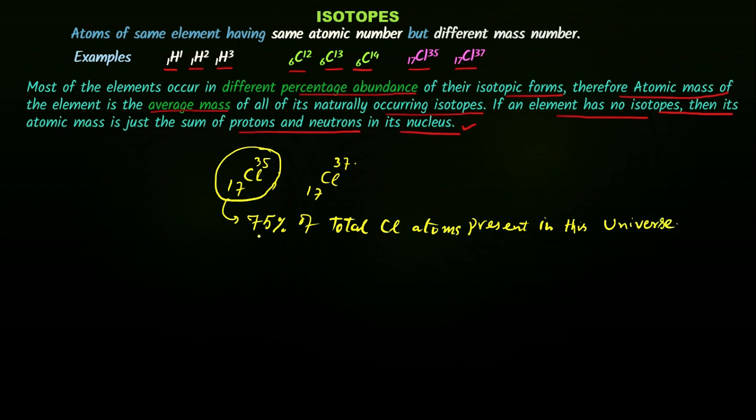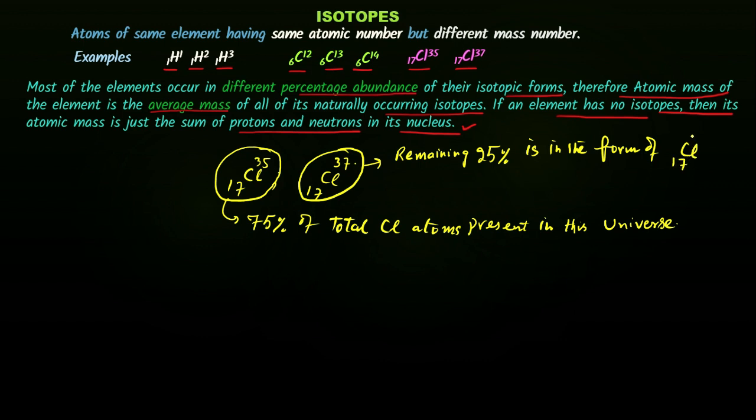Now, out of 100, 75% is in the form of chlorine 17-35. The rest is 25%, that's in the form of chlorine 17-37. So, the remaining 25% out of 100 is in the form of chlorine having atomic mass 37.